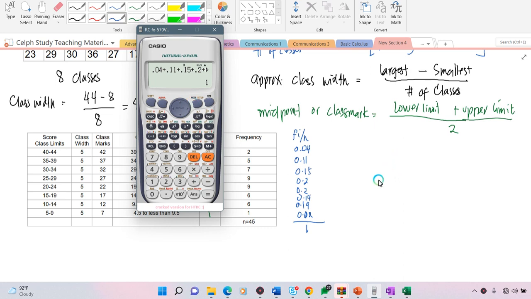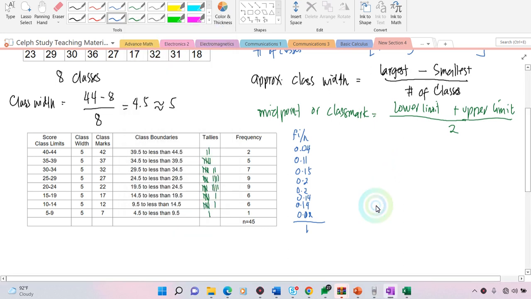If the percentage distribution or percentage value is needed, multiply these by 100. That is Fi over n times 100%. So this is 4%. This is 11%. This is 15%. This is 20%. This is 20%.